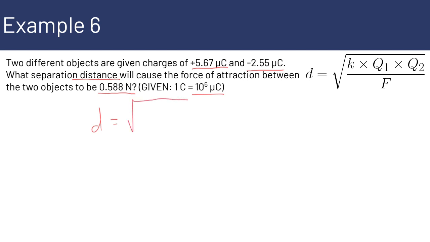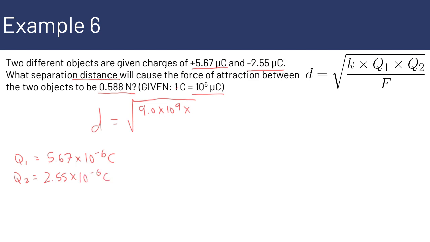So we have distance is equal to the square root of, so K is 9.0 times 10 to the 9th, times, okay, our Q1 is equal to 5.67. Now this is a microcoulomb. So 1 coulomb is 10 to the 6 microcoulombs, which means that a microcoulomb is 10 to the minus 6 coulombs. And then Q2 is 2.55, and again, it's a microcoulomb, so it's going to be 10 to the minus 6 coulombs.